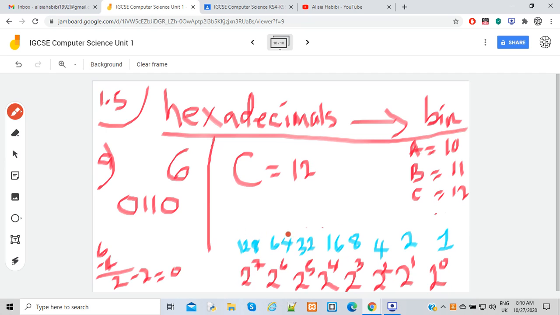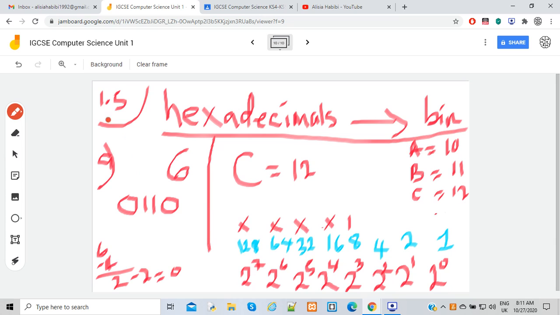So we're going to do the same steps again. We're going to look at the powers of 2 to see which ones add up to give us 12. If we start from left to right again, 128 is a no-no, 64 is a no-no, 32 is a no-no, 16 is a no-no, because all these numbers are greater than what we need to convert. 8 is not a no-no because it's smaller, so we put a 1 on top.